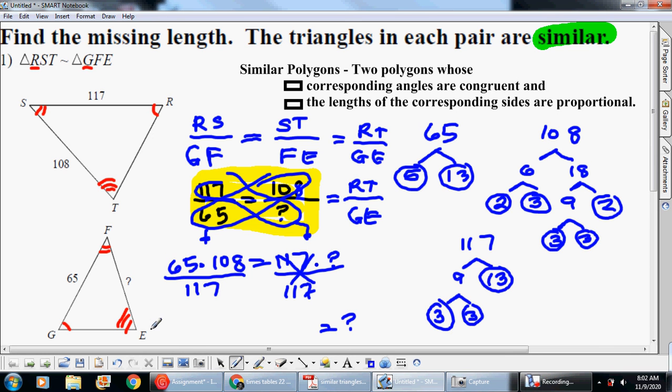And they're both prime. So what I'm going to do is the following. Instead of putting 65, give me the factors of 65, 5 and 13. Now factors of 108, we found 2, 3, 3, 3, 2. So that's 2 times 3 times 3 times 3 times 2.